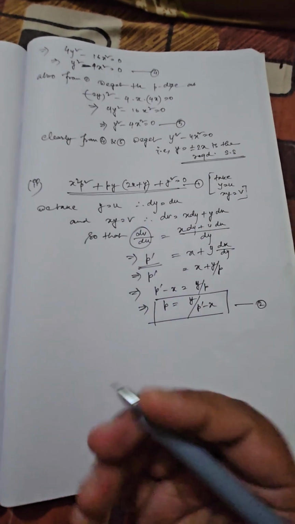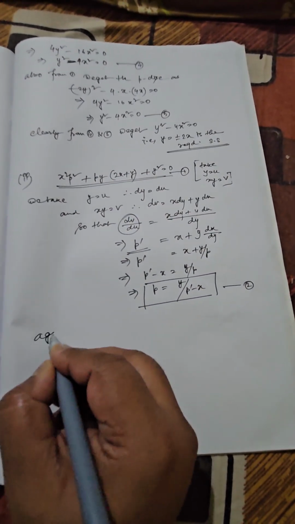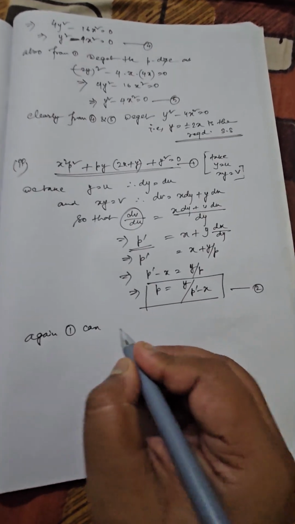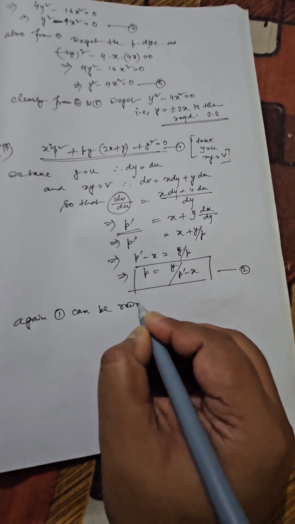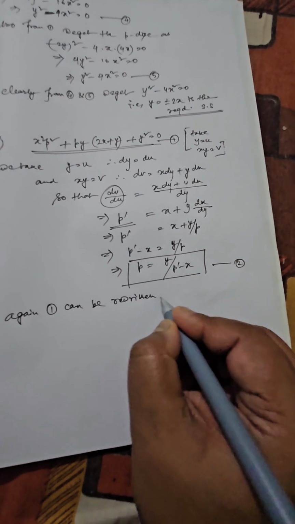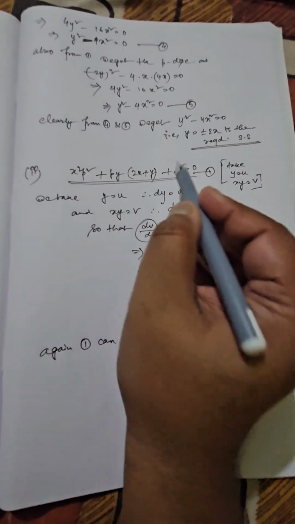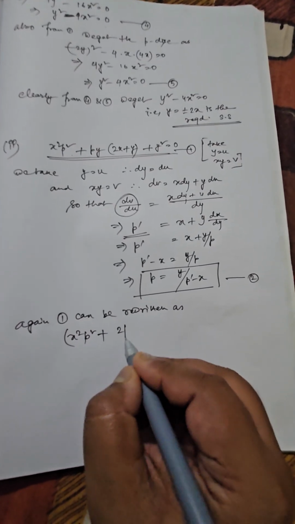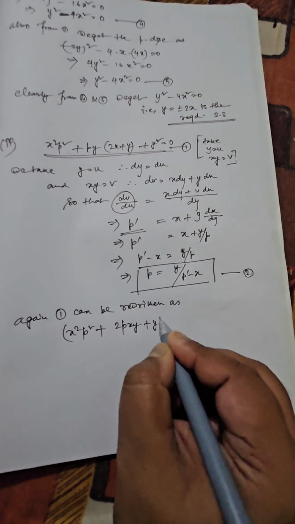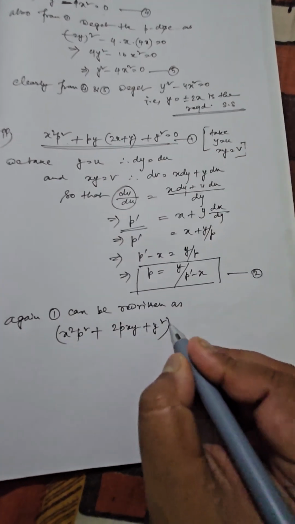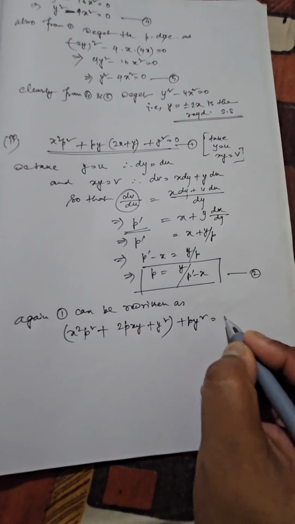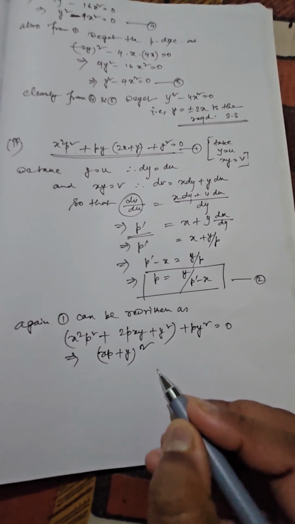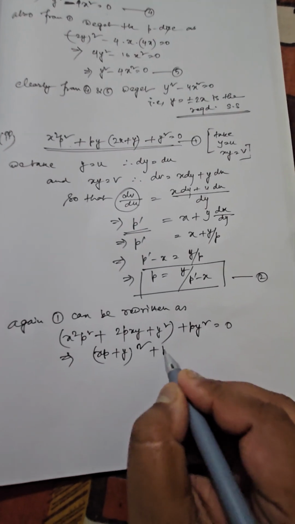Now from 1 you can see this can be written as x square p square plus 2pxy plus y square, and separate this quantity py square. So this is xp plus y whole square plus py square.